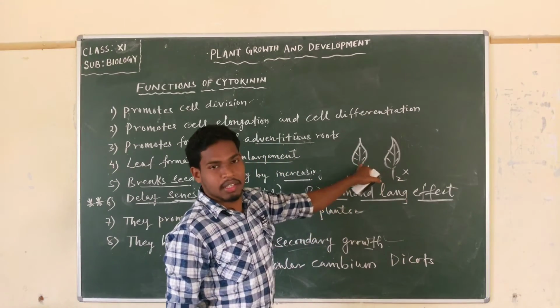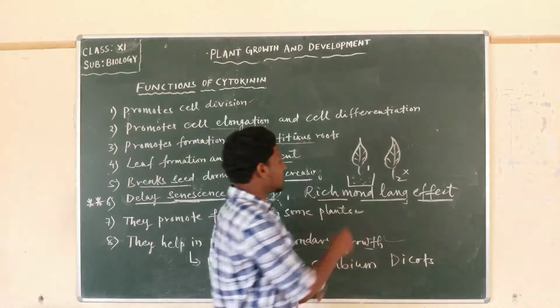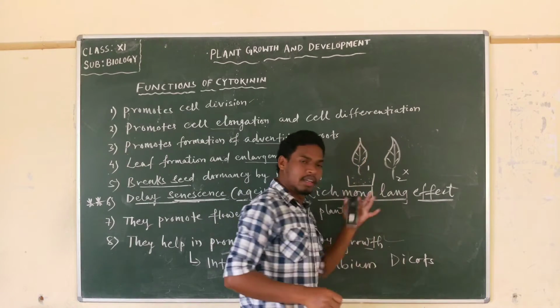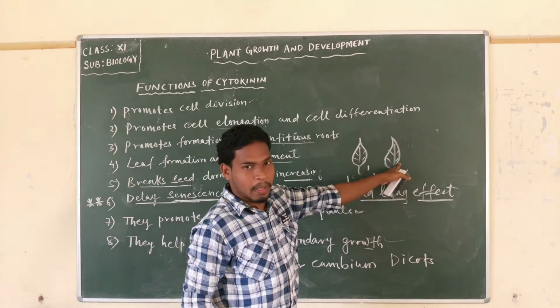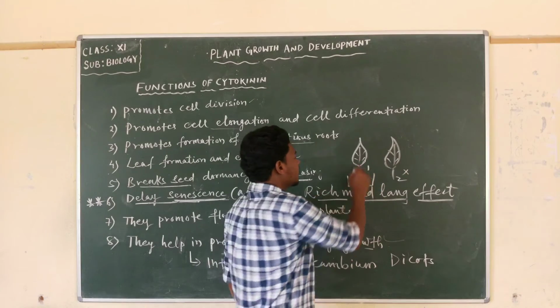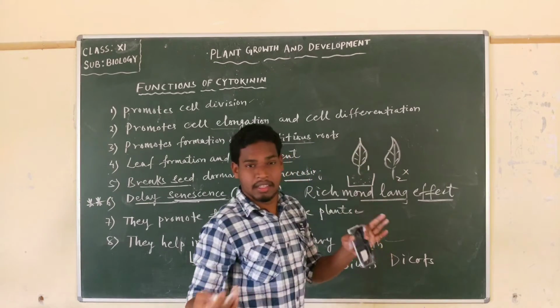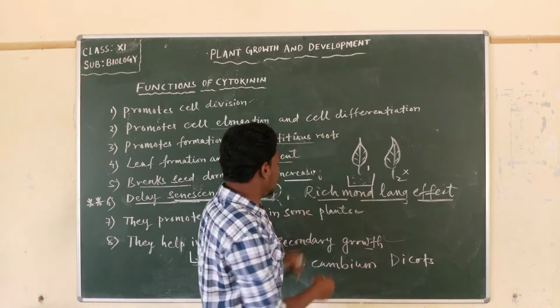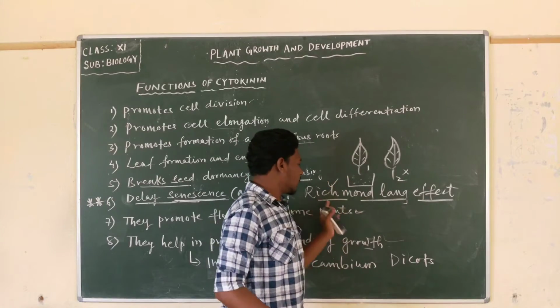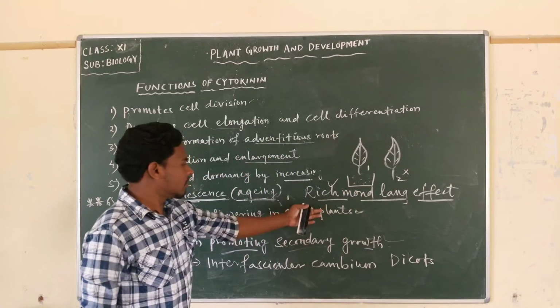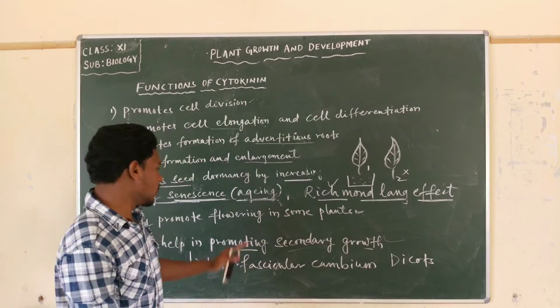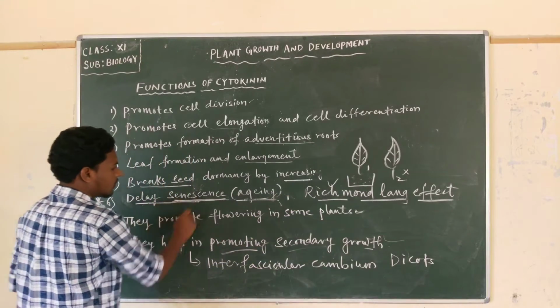So this leaf remained green forever, and this turned yellowish in color. This effect, remaining green by the use of cytokinin, is known as the Richmond-Lang effect. That means it retards the aging process. So it delays senescence.